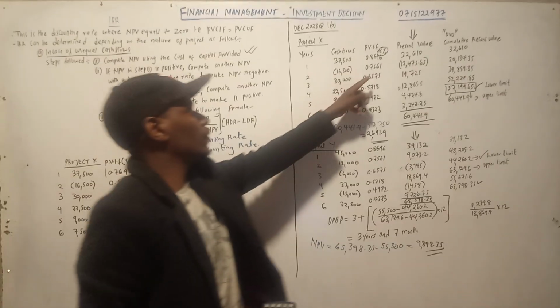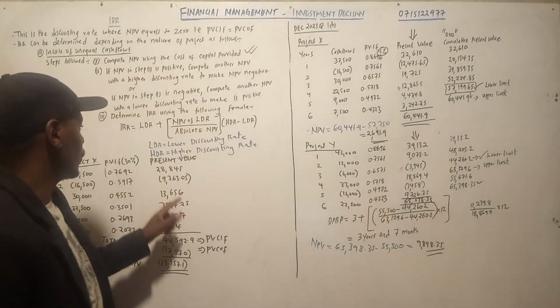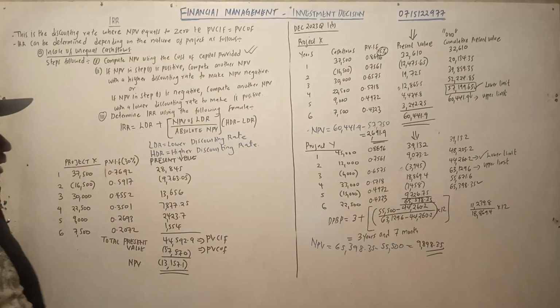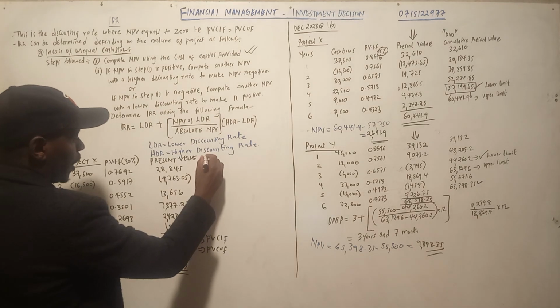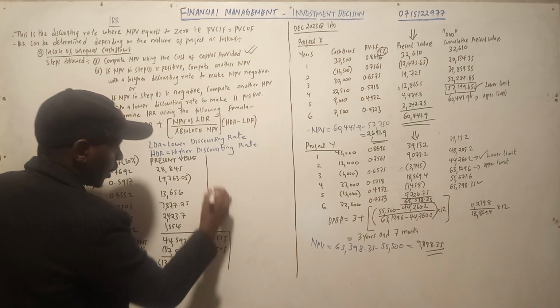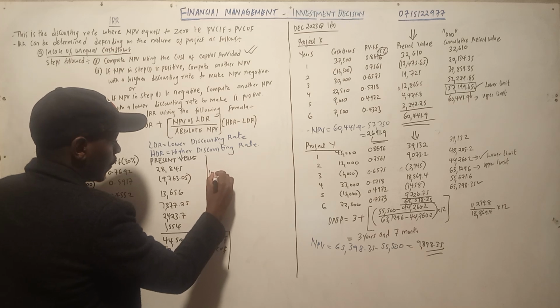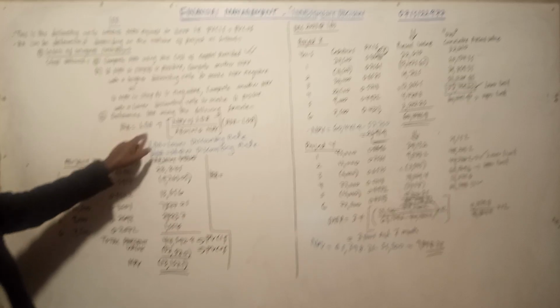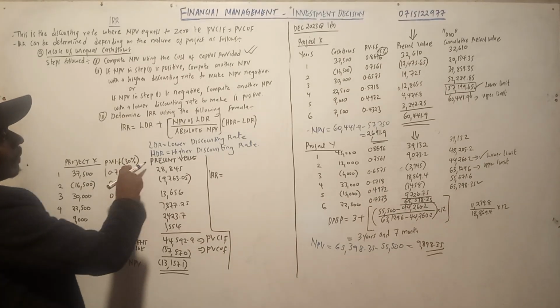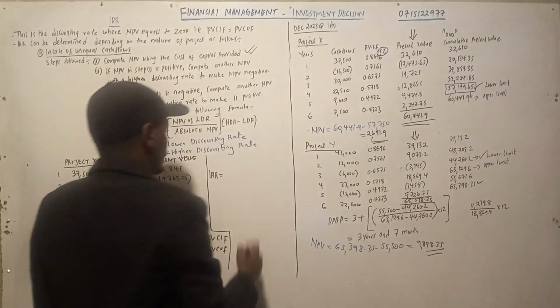So hapa tutumia 15%. So in this case here, we used 30%. So 30% makes the NPV negative. Now, once we have that one, we can now find the IRR. So IRR is equal to the lower rate, the lower discounting rate. So between 30 and 15, which one is lower?